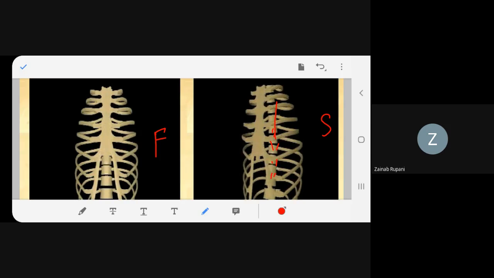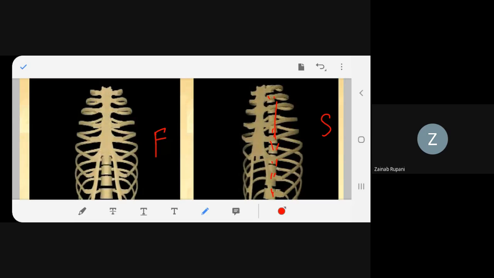This is the vertebral column. Touch your back in between. You have got a row of small bones. You can feel the bones. That is called vertebral column. जिसको हम रीढ़ की हड्डी, vertebral column कहते हैं.